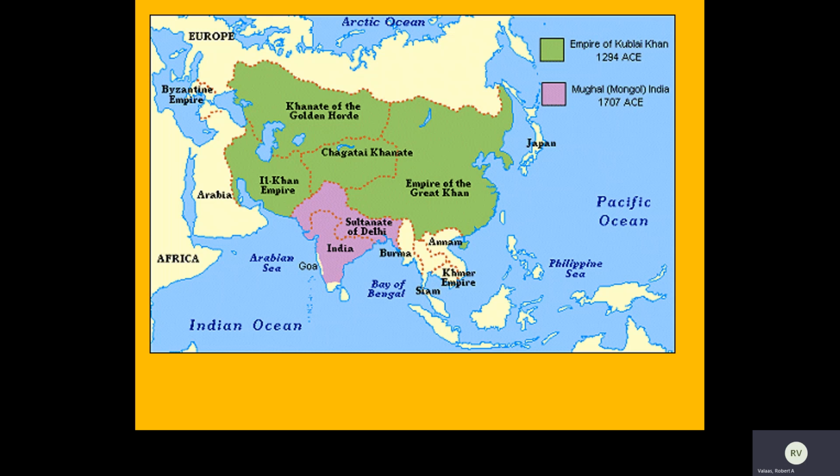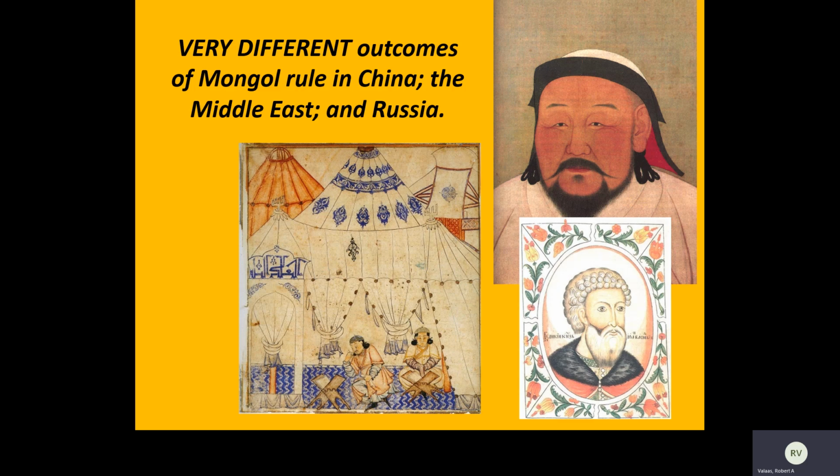The Empire of the Great Khan in East Asia, roughly, the Khanate of the Golden Horde in Eastern Europe, roughly, the Chagatai Khanate in Central Asia, roughly, and the Ilkhan Empire in the Middle East, roughly, but all of them theoretically, until it all kind of fell apart after about a century, part of this massive Mongol Empire. There were very different outcomes too of Mongol rule in China, the Middle East, and Russia.